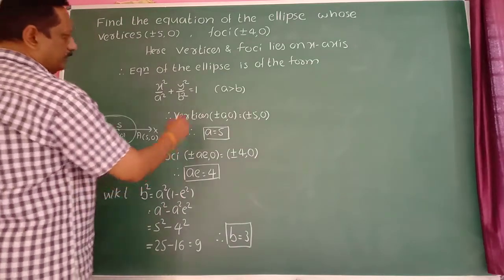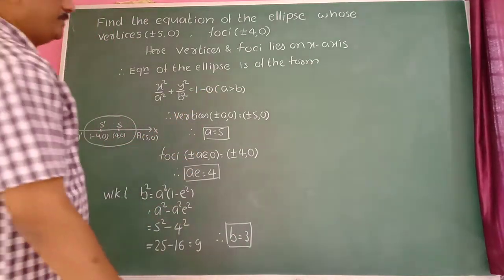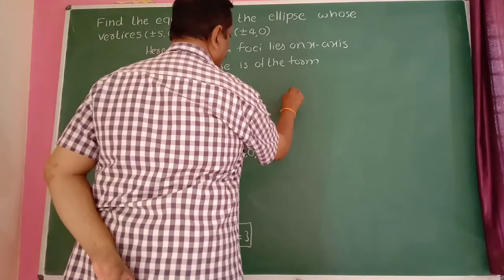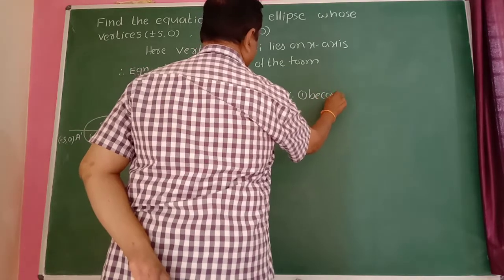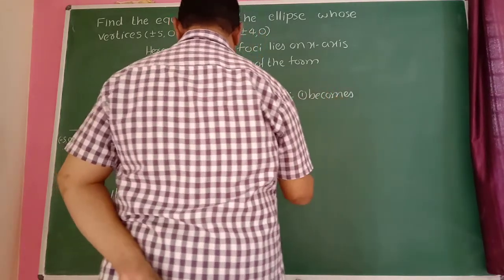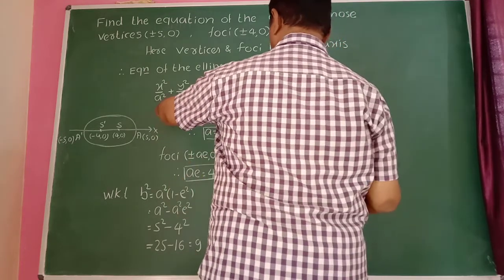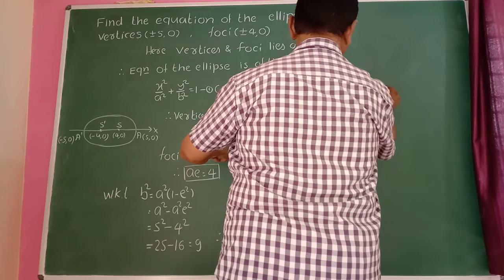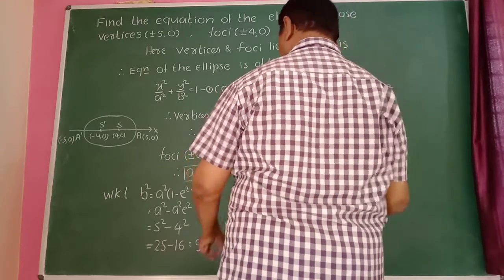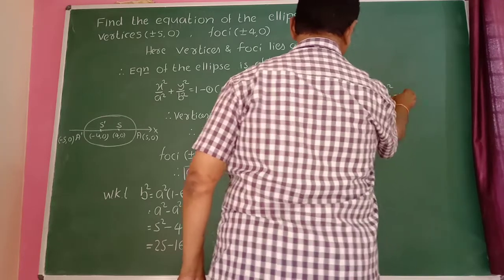So use in this equation here. Therefore, equation 1 becomes x square divided by a value is 5, so 5 square, plus y square divided by b value is 3, so 3 square, is equal to 1 here.